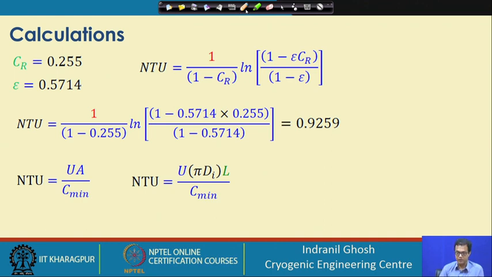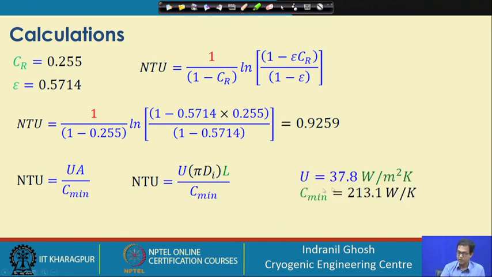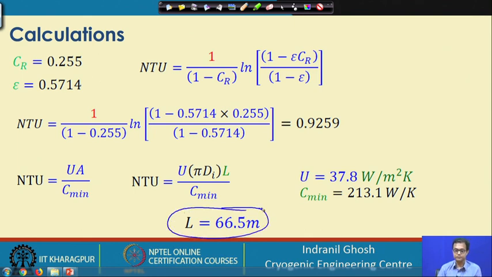We know the overall heat transfer coefficient U, C min is known, pi di is known, and NTU we have already estimated. So, we can now estimate L, and you will find that the length is coming as the same as before, 66.5 meter.